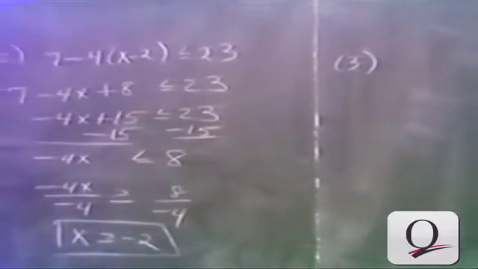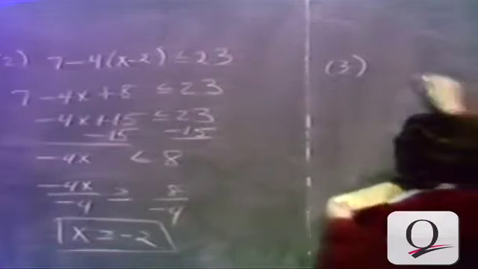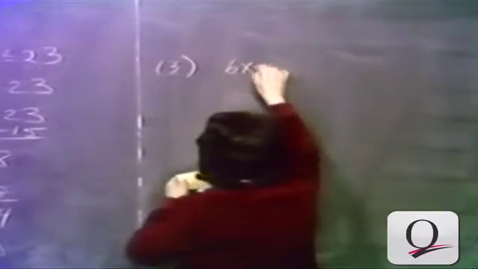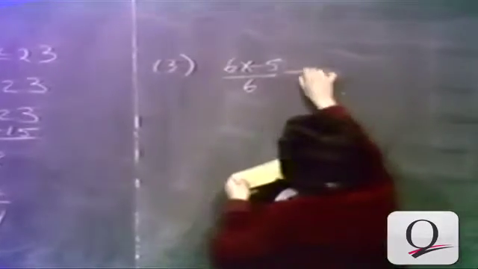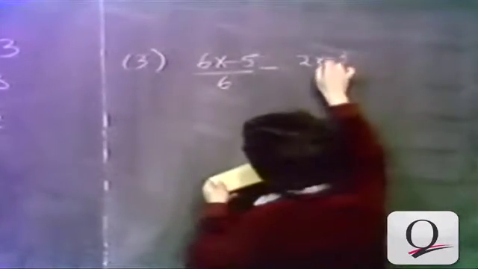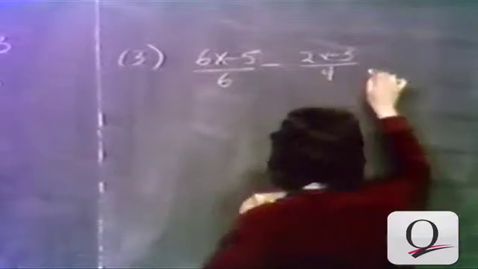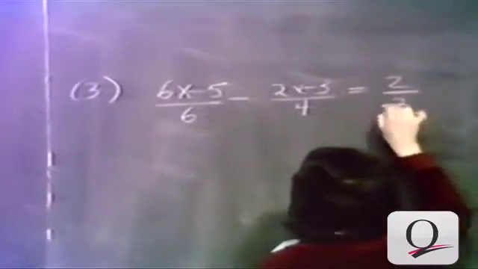In problem 3, we have an equation involving fractions. 6x minus 5 over 6 minus 2x minus 3 over 4 equals 2/3.